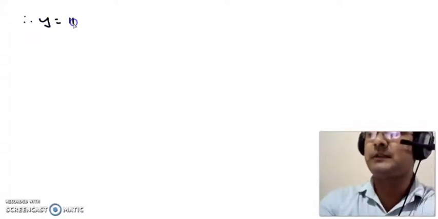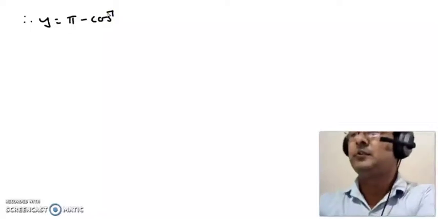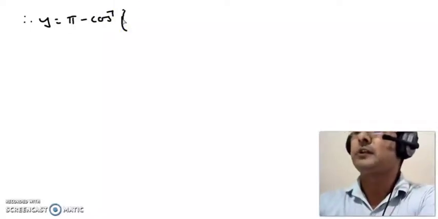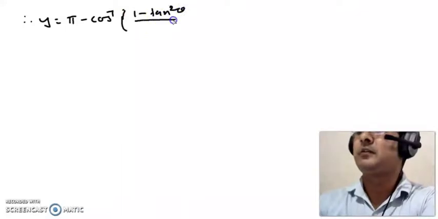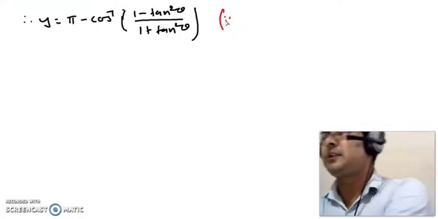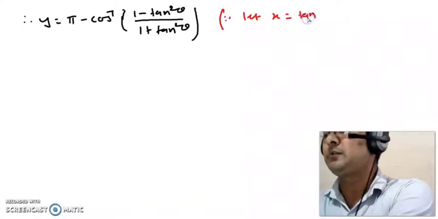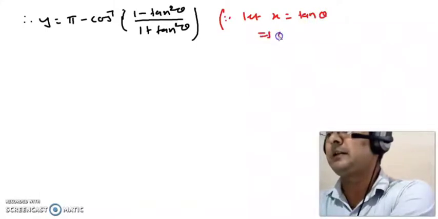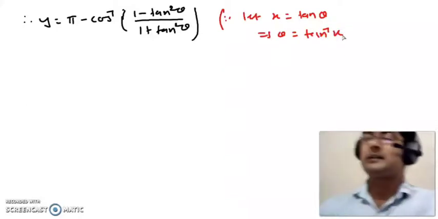Therefore y is equals to pi minus cos inverse, (1 minus tan square theta) upon (1 plus tan square theta), since we have substituted, let x is equals to tan theta, it implies theta is equals to tan inverse x.